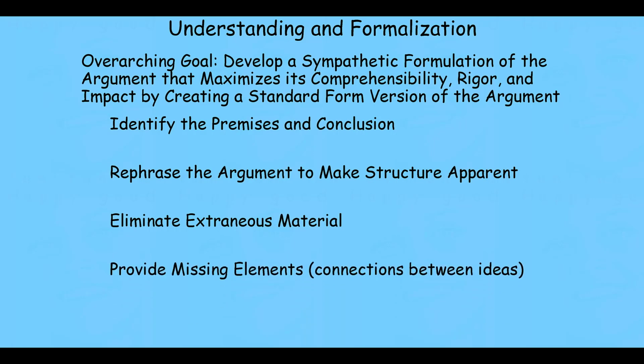Finally, we noted that just as we may want to eliminate extraneous material to avoid overloading an argument consumer's working memory to facilitate the rigor and comprehensibility of the argument, we might also want to actually add some information for the purposes of connecting ideas together explicitly and clearly, and thereby facilitating the easy transition from one idea to the next within the context of the argument. And here too, there are some rules of thumb that we might want to adhere to in deciding whether or not to include information.